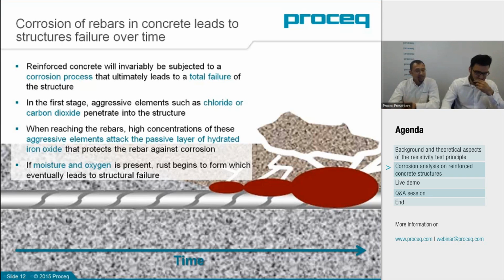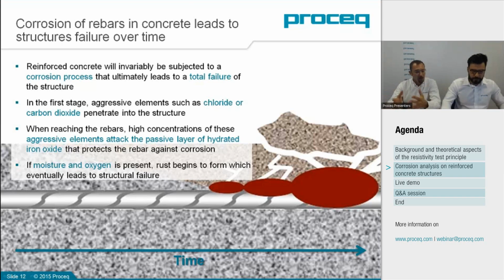The reason for that is the high cement content inside the concrete creates a very alkaline environment, and under that pH, the steel, the iron, will cover itself with a thin film of a very well adherent oxide, which will prevent further corrosion.